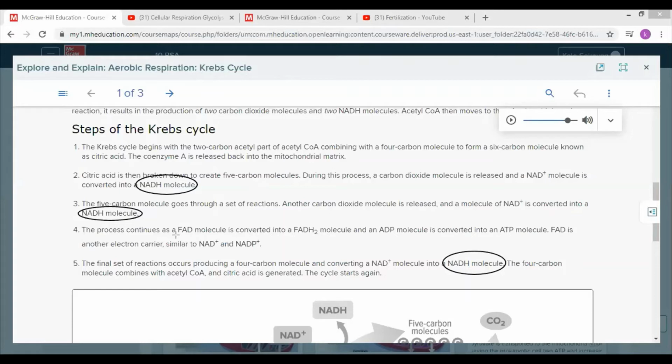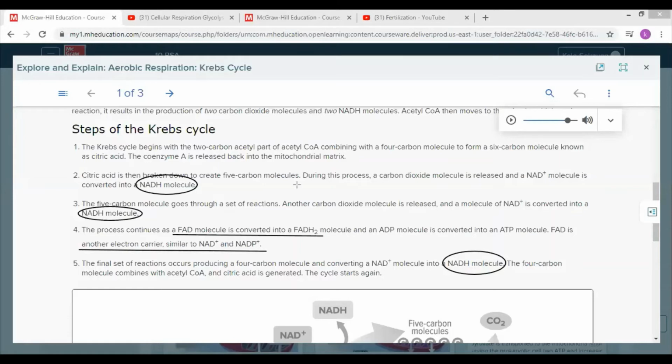It says FADH2, and here it says FADH2 is another electron carrier, same as NAD and NADP. That means those molecules will go to the electron transport chain, which will be our last phase of aerobic respiration, in order to be converted into ATP molecules.